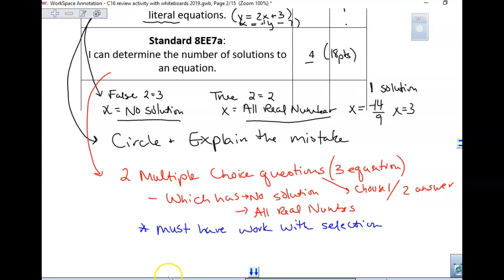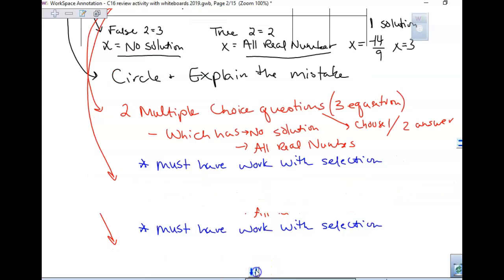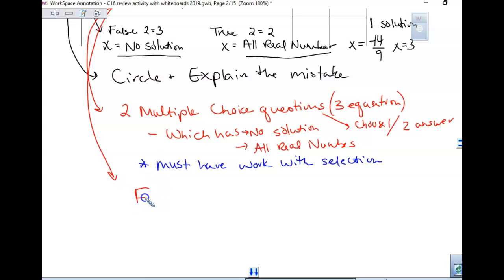Okay. The last thing that you are going to see with this determining a solution, the very last questions on the test, is going to say fill in the blank with a number. And when you tell me the number that you fill in the blank, it's usually going to be to make the statement true.